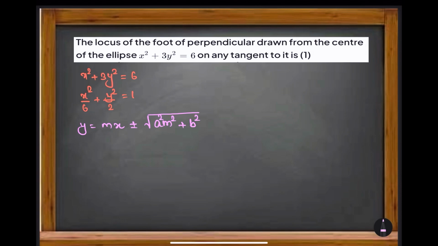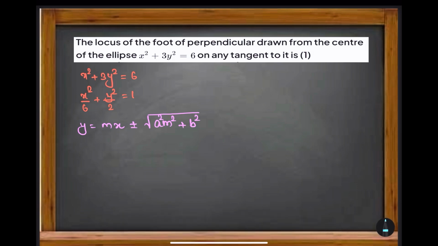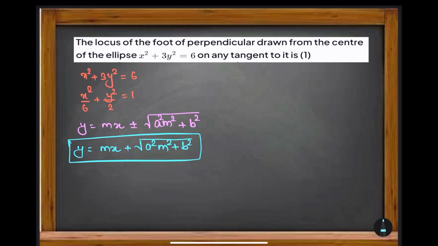Try to recall; if you don't remember, then you can derive this again. They are talking about any tangent, so I'll go with the plus one. According to me, the equation of tangent is y equals mx plus root over a square m square plus b square.